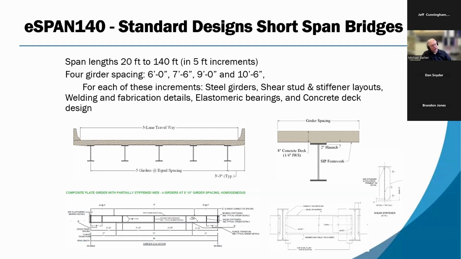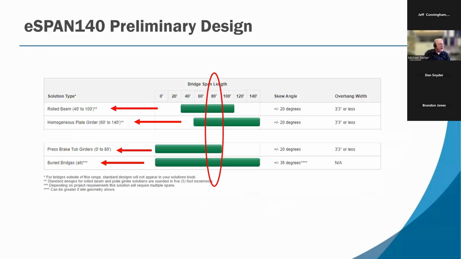And we call this a preliminary design because, of course, we have these 4 discrete girder spacings, and you're going to put in what you really need, and you're going to have your own county or state details that you like using. But if we're designing this 80-foot bridge, eSPAN is going to give us 2 solutions in the I-type shapes, a rolled beam solution and a plate girder solution made out of 50 KSI.